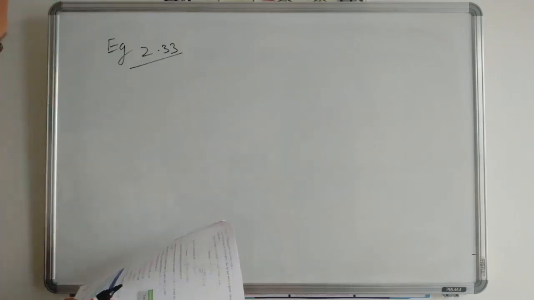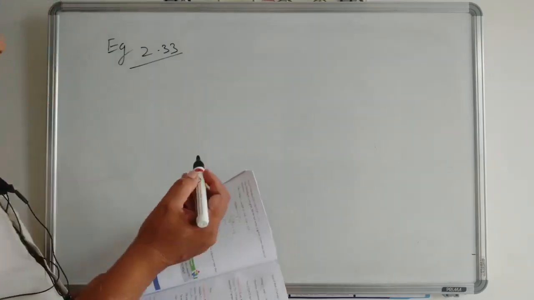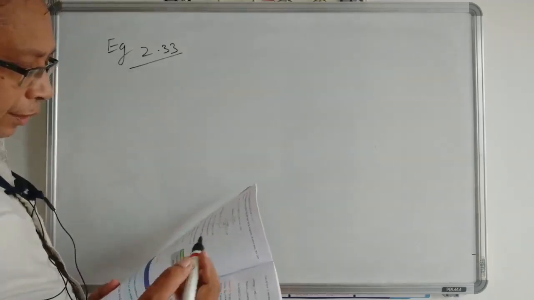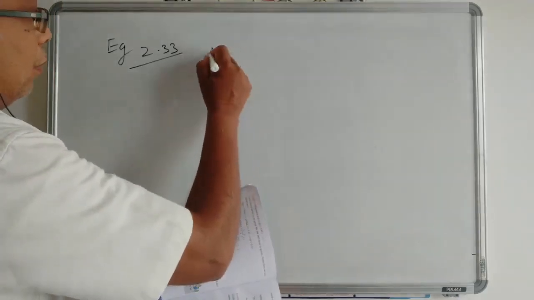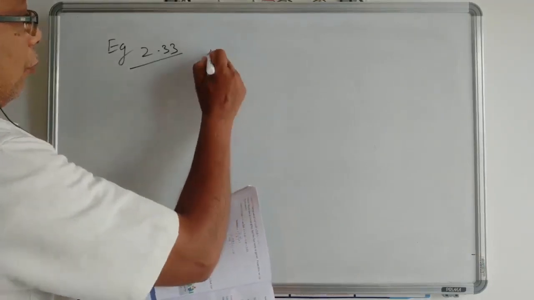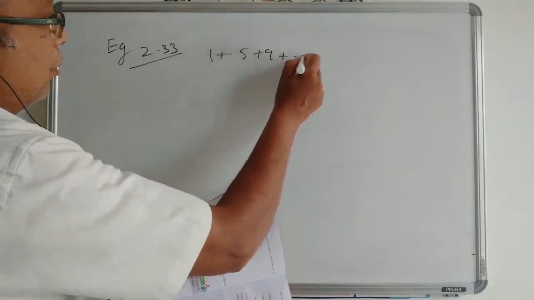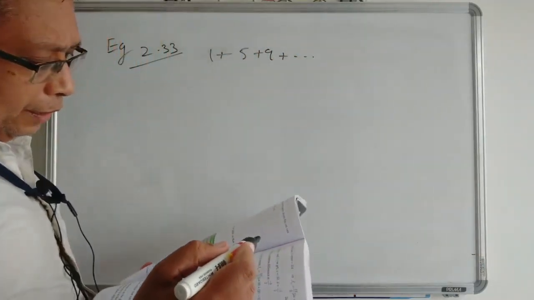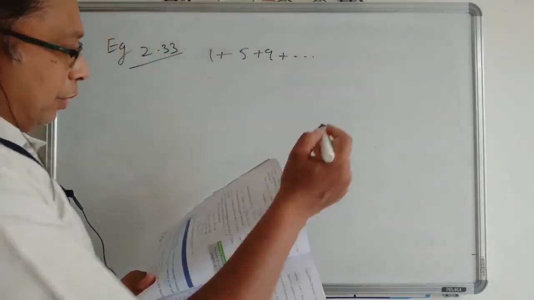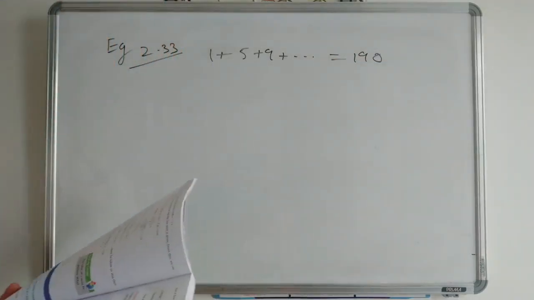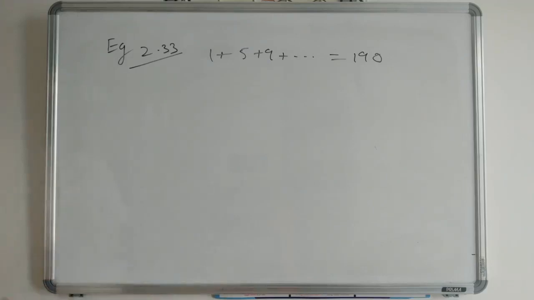Example 2.33. How many terms of the series 1 plus 5 plus 9 plus etc. must be taken so that their sum is 190? The sum is 190.